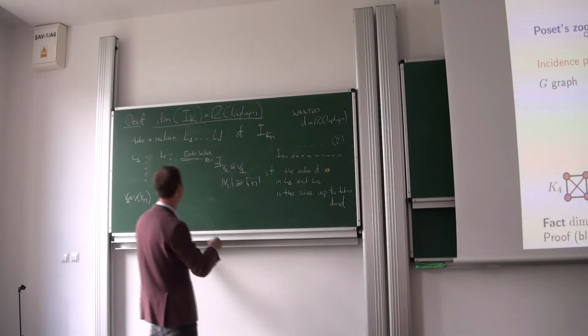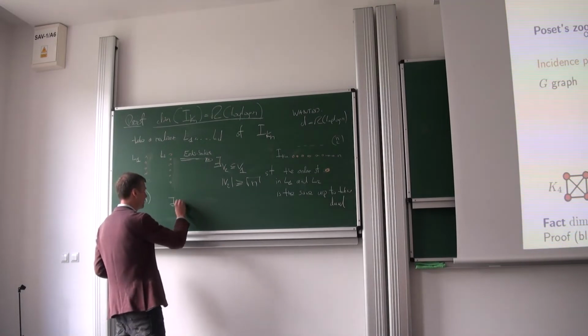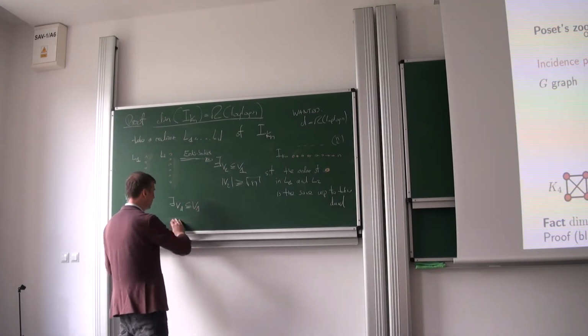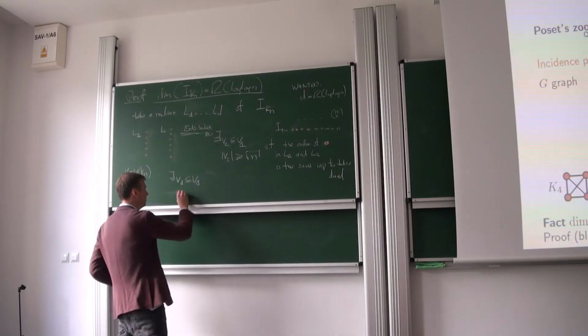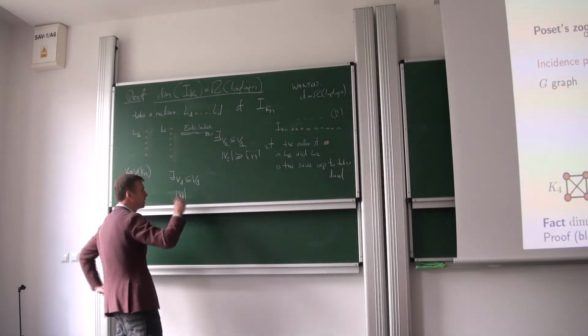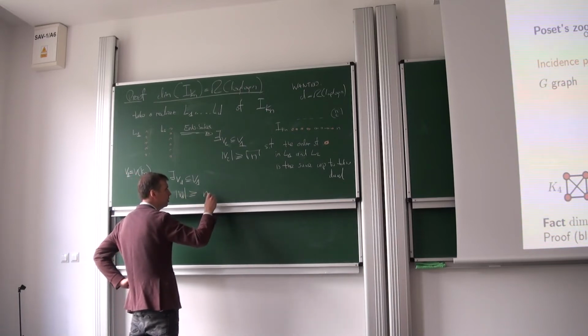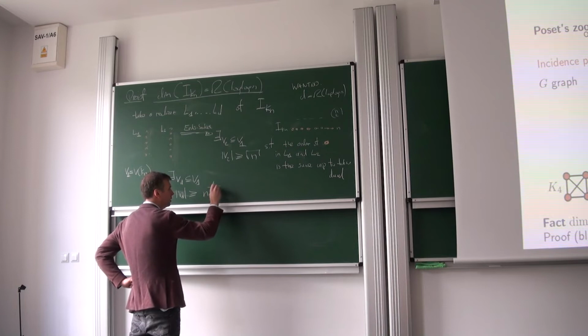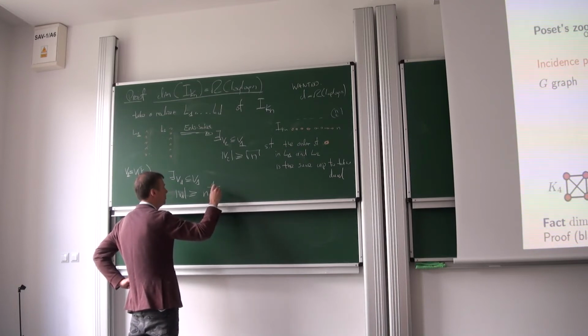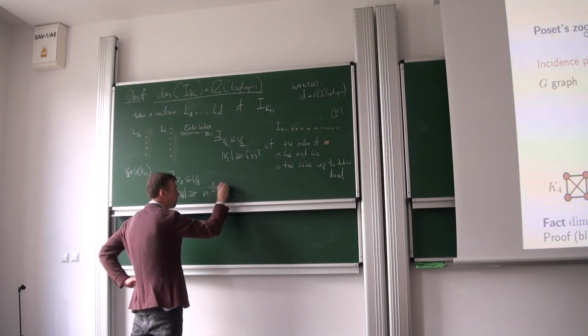At the very end, there exists Vd, a subset of the original one. Every time we take a square root, so the size of Vd is at least n to the 1 over 2 to the d minus 1.